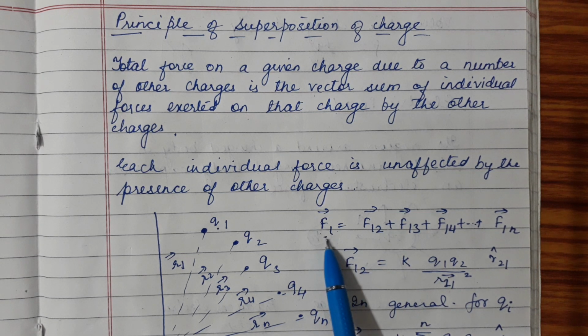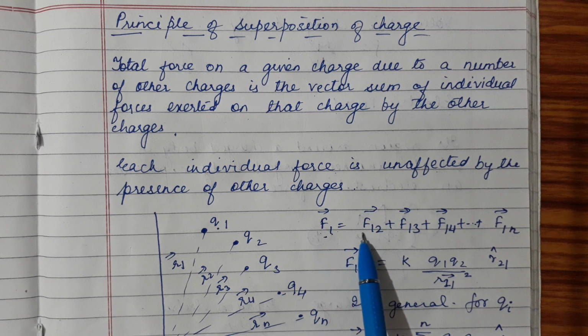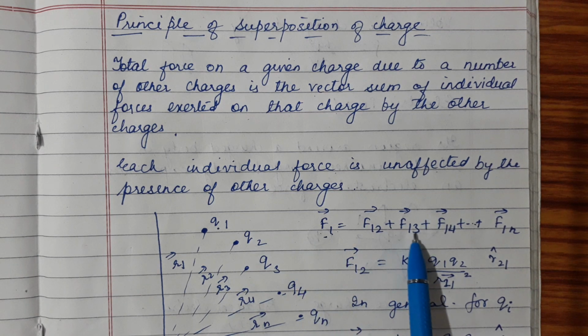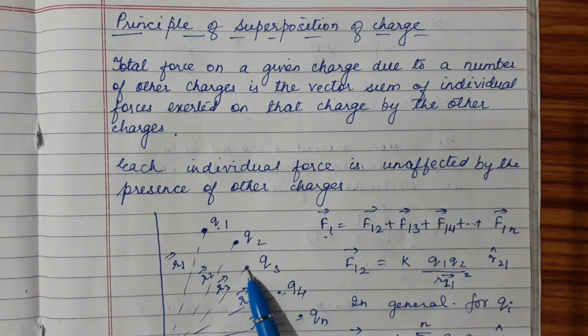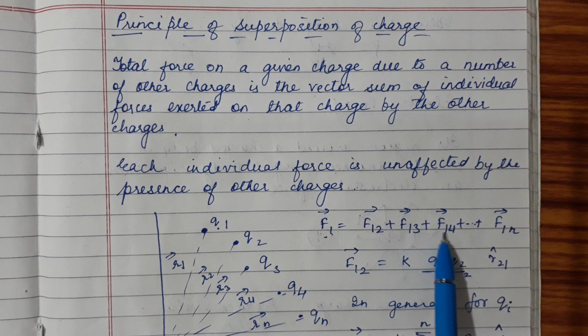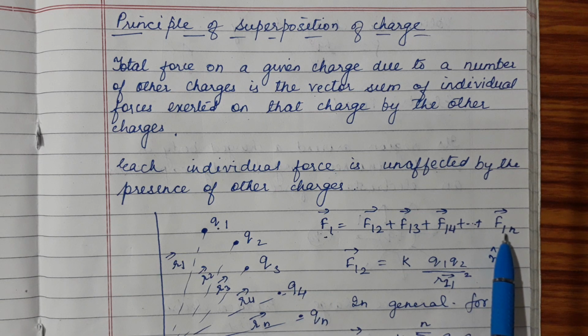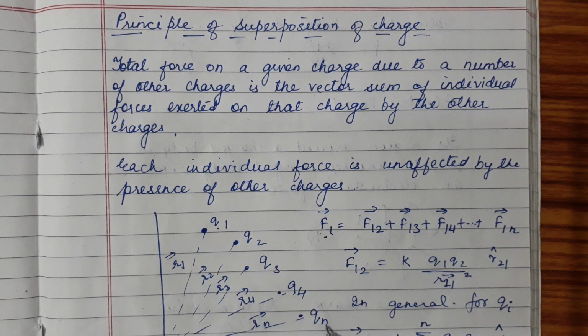So F1 will be equal to the force on Q1 due to charge Q2, plus the force on Q1 due to charge Q3, plus the force on Q1 due to charge Q4, and so on till the force on Q1 due to the nth charge.